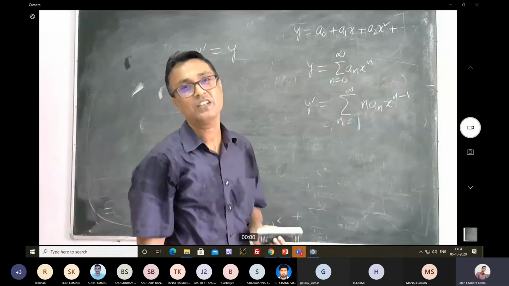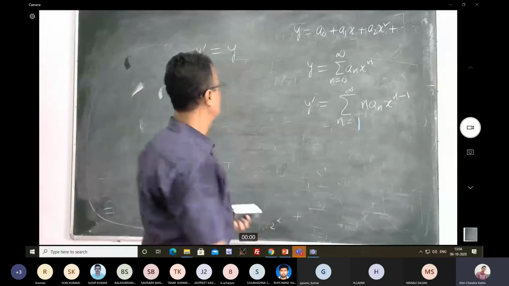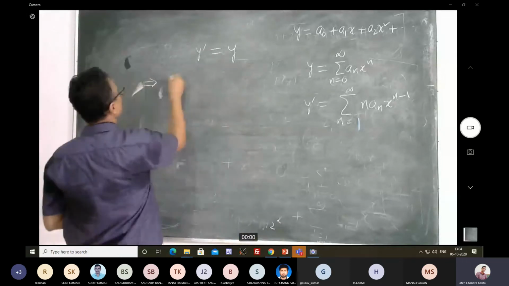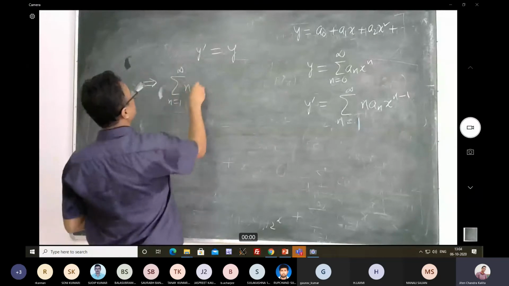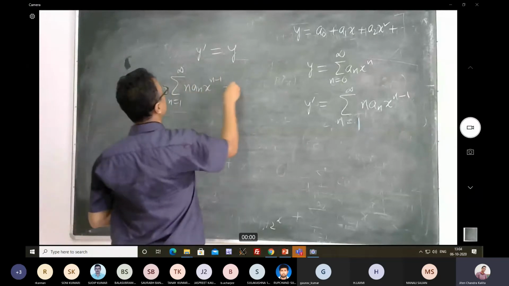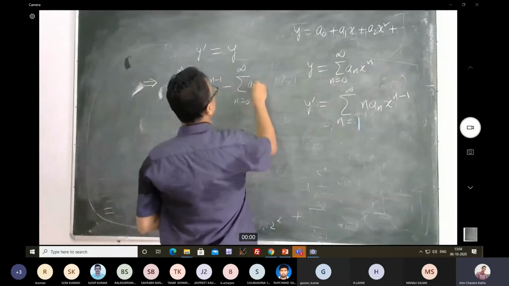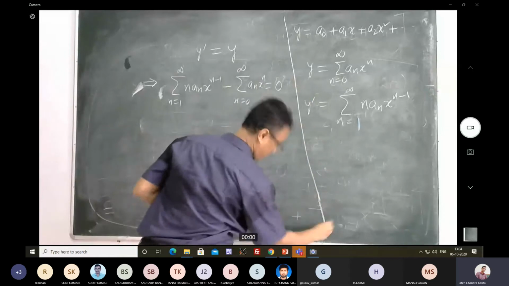So it starts like this. Now if I plug that in here, I have the sum from n equal to 1 to infinity of n a_n x to the power n minus 1, minus the sum from n equal to 0 to infinity of a_n x to the power n, equal to 0.